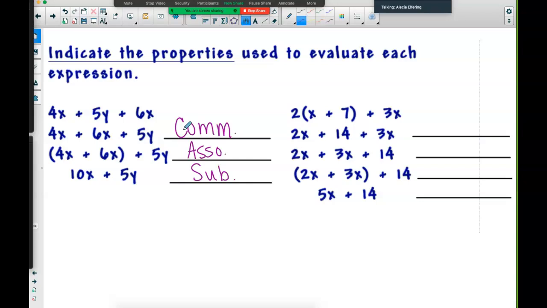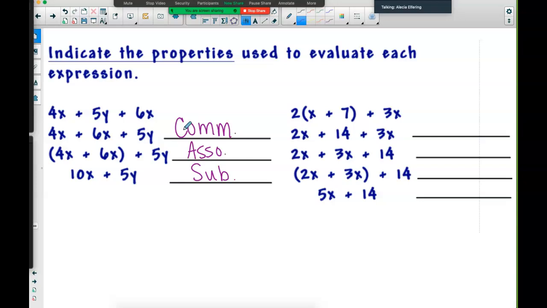Okay, pay attention really closely to this. If the distributive property is used, it's always used first. Everybody heard that, right? If we're going to use the distributive property, it has to come first. So look at this example. It starts as 2 parentheses x plus 7 plus 3.